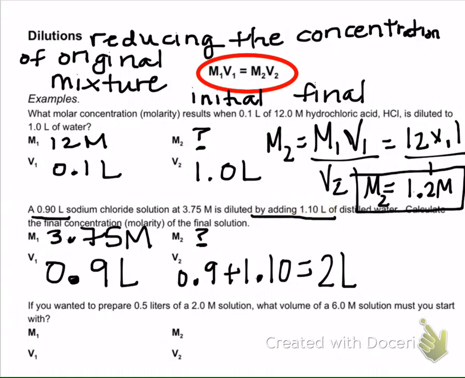Now to solve for M2, we're going to do the same thing we did up here. I'm going to do 3.75 times 0.9 over V2, and that is going to be 1.69 molar.